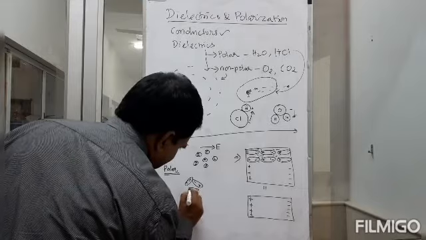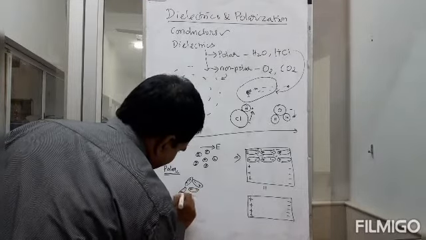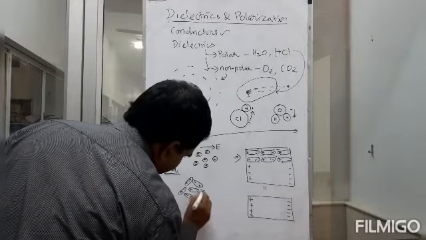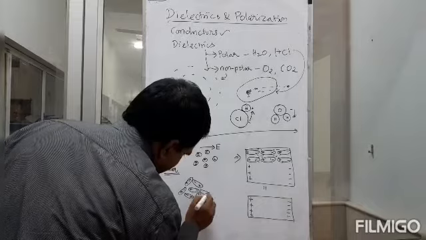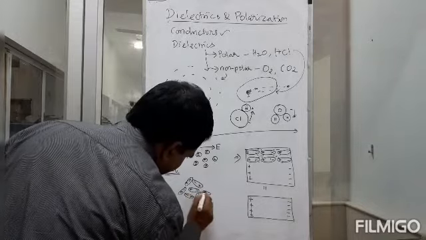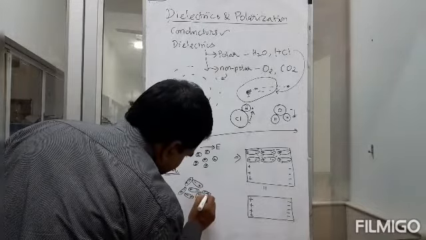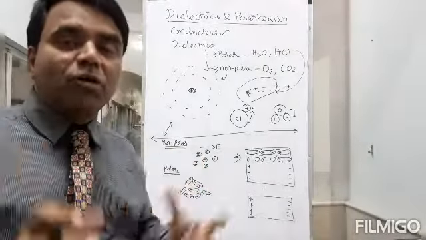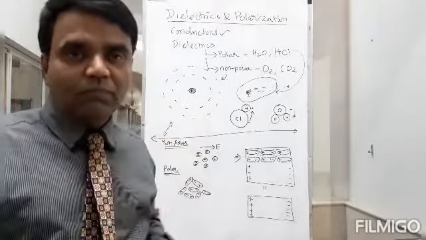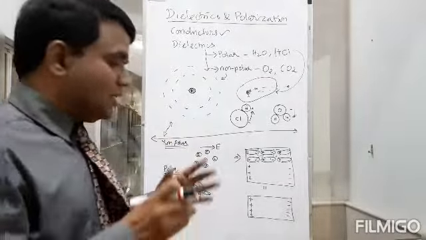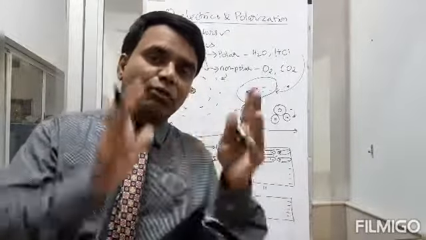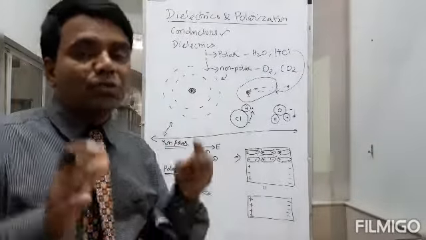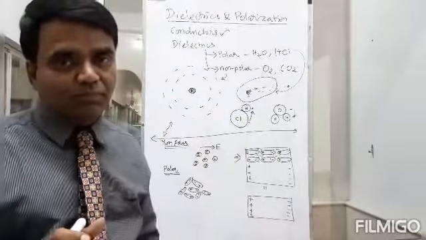Okay, so it could be like this, maybe something like that, and say I have minus plus. So randomly oriented. Even though each molecule has a dipole of its own, since the molecules are randomly oriented due to the temperature and the thermal agitation, the net dipole moment of the substance will be 0.